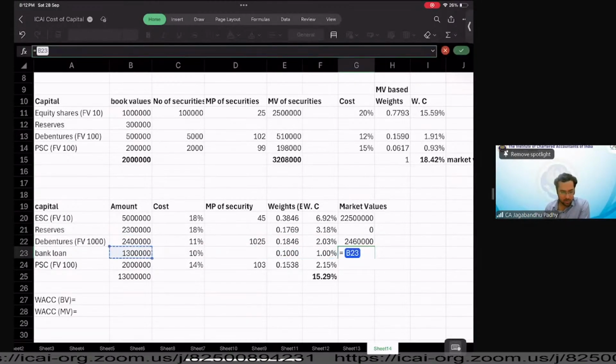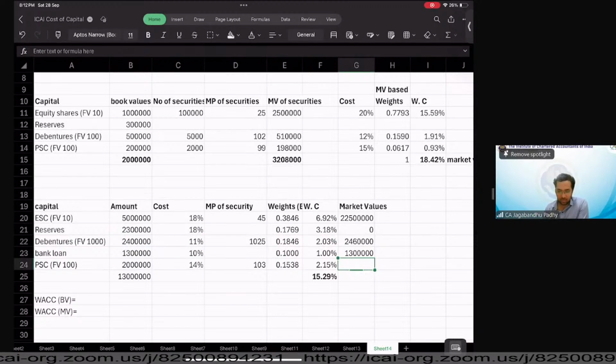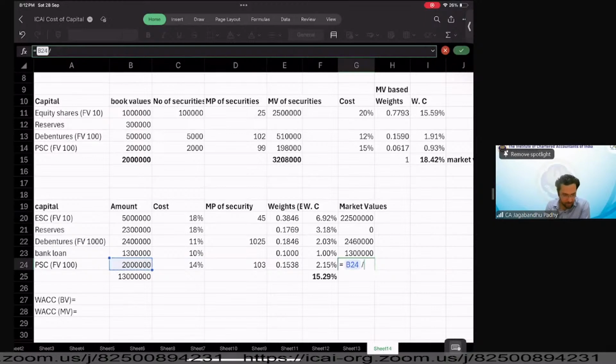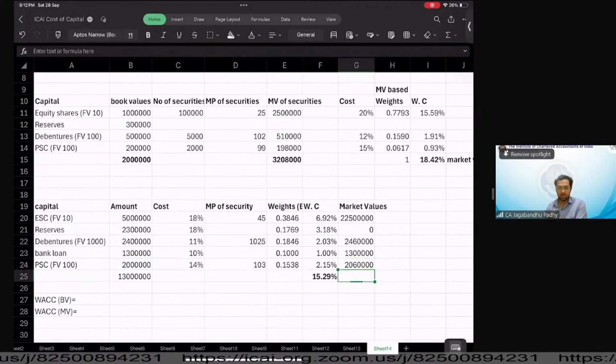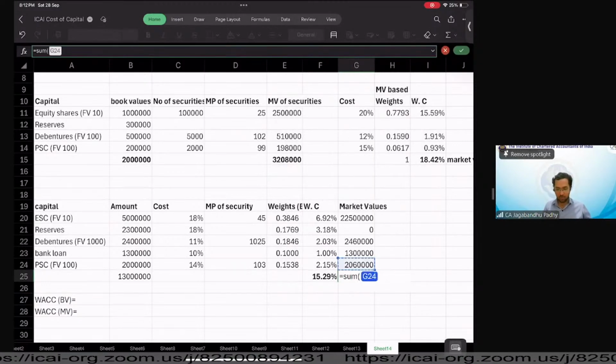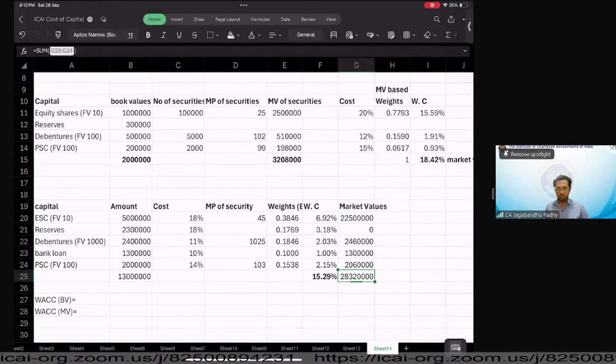Then bank loan market value will remain 13 lakhs. Preference share capital market value will be 20 lakh divided by 100 multiplied by the current price, which is 103. Market values are 20 lakh 60,000. Okay. So total market value of all the funds is 2 crore 83 lakh 20,000.